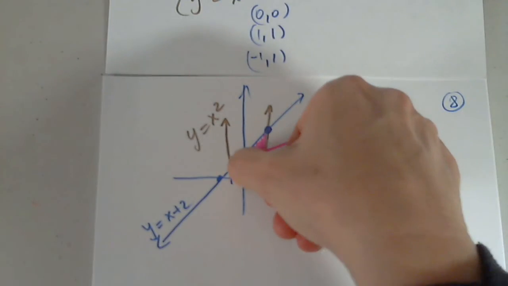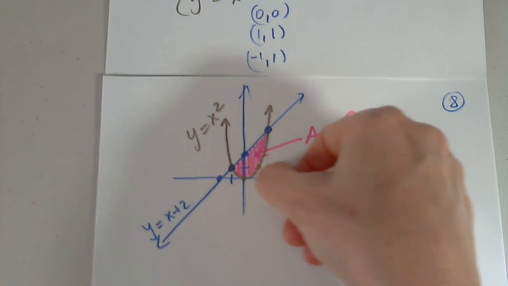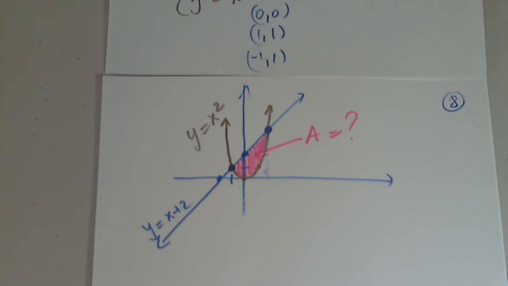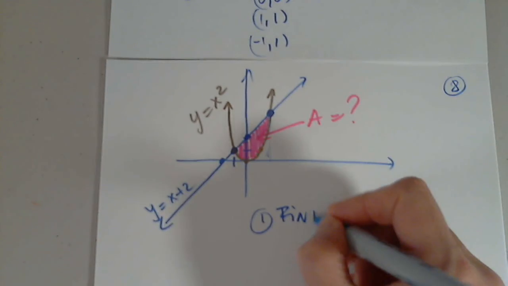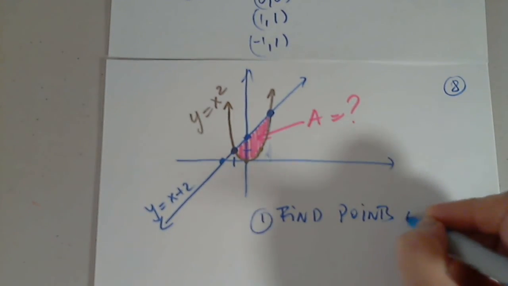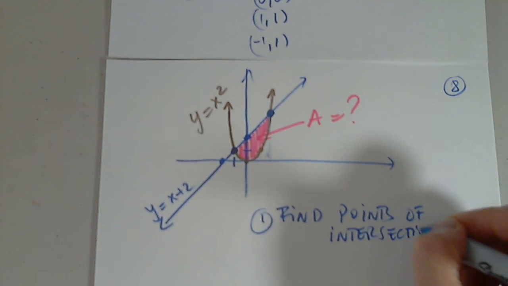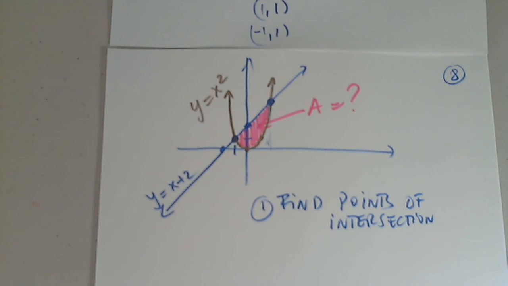We will determine the area under the line, determine the area under the quadratic function and subtract them to get the pink. But first we have to find the points of intersection. So number 1, find points of intersection. That's our first step.